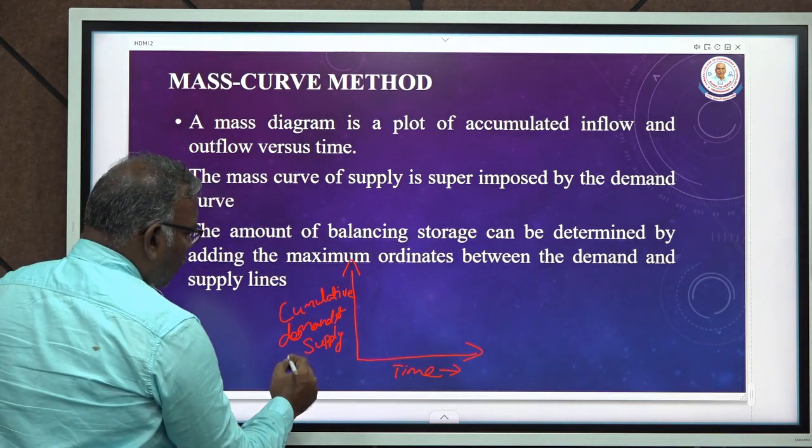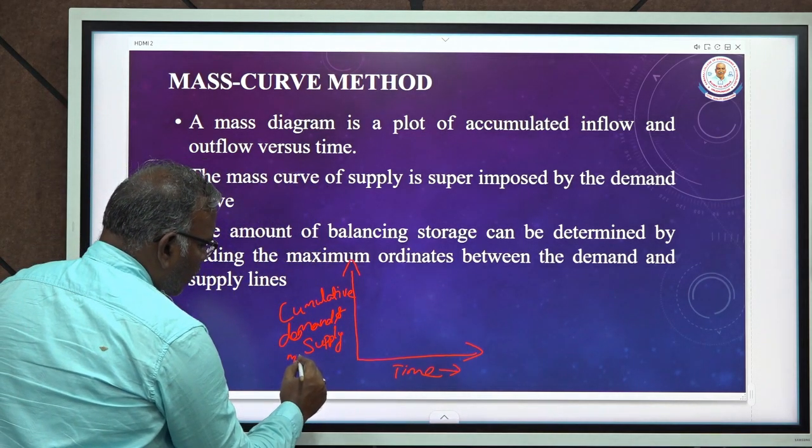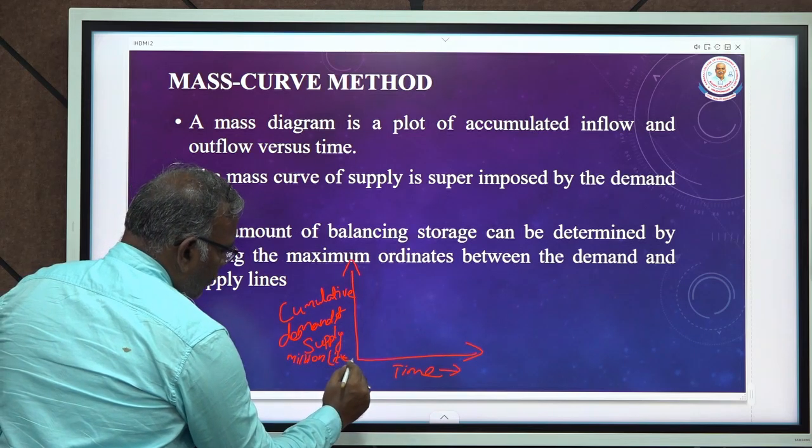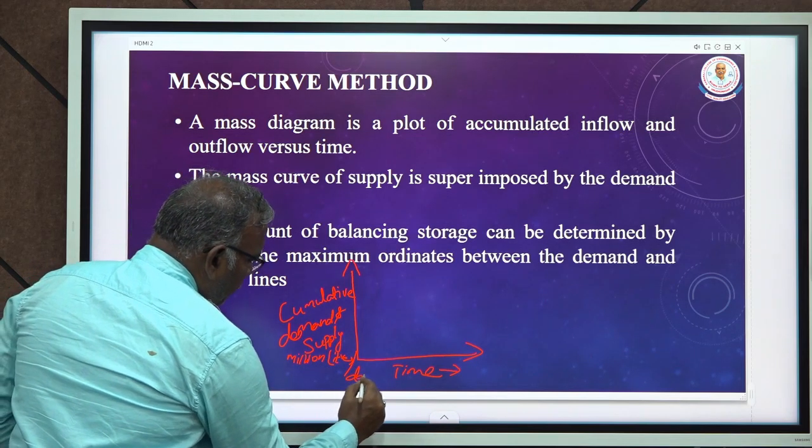The quantity may be in million liters per day.